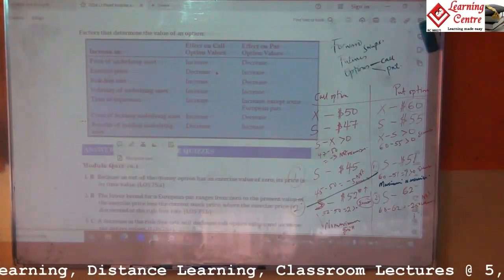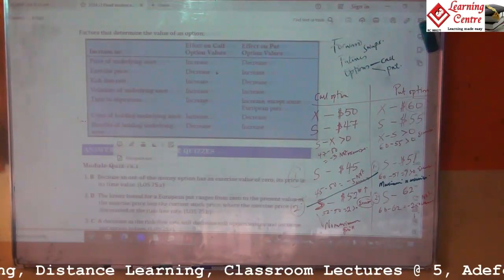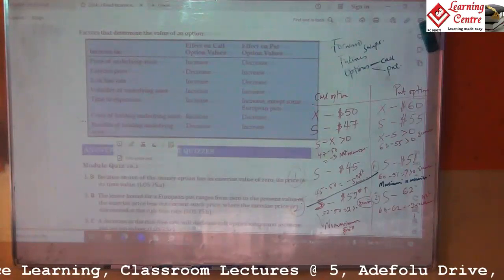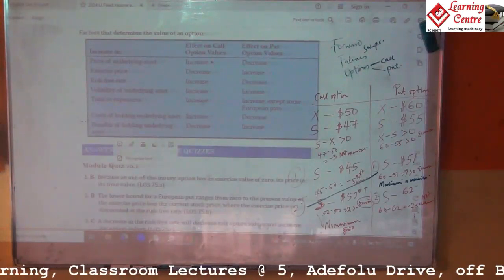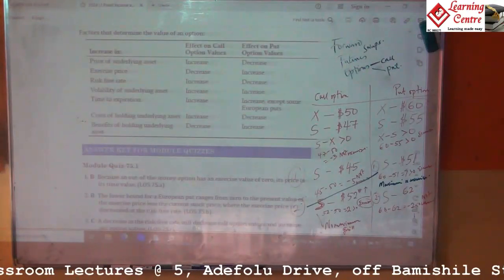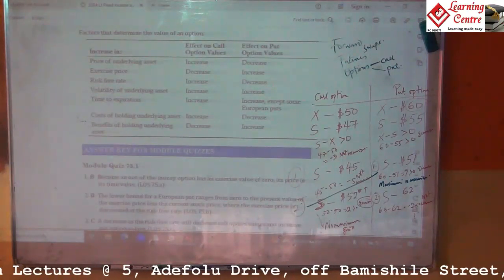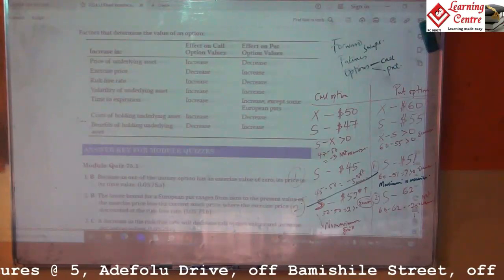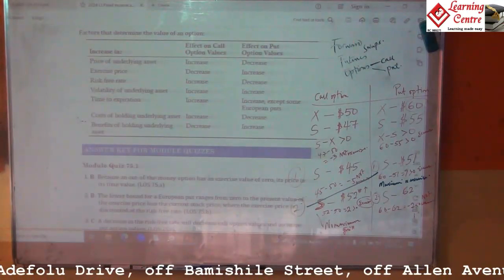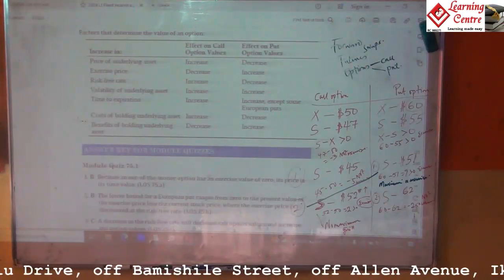Majority of the movements are different. So what happens in call, the opposite happens in put, except for volatility and time. Because we said as there is more volatility, there is belief that prices can get better.